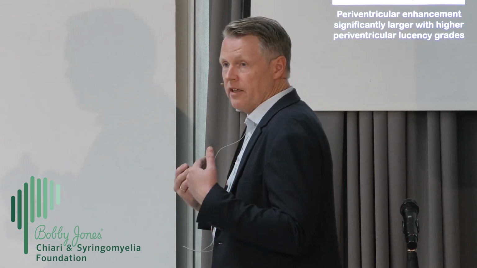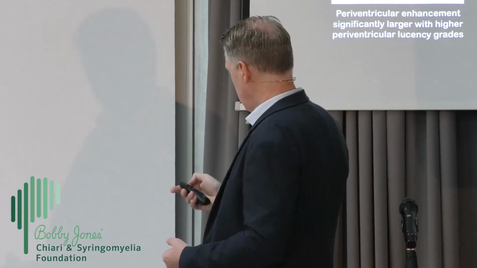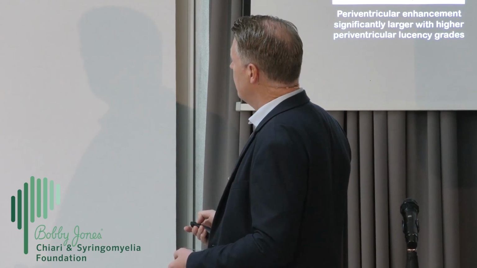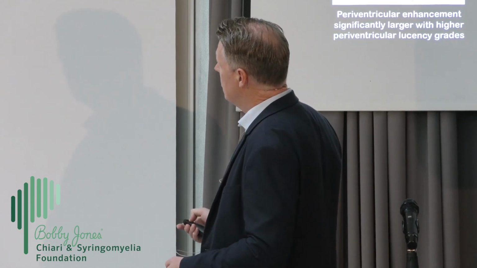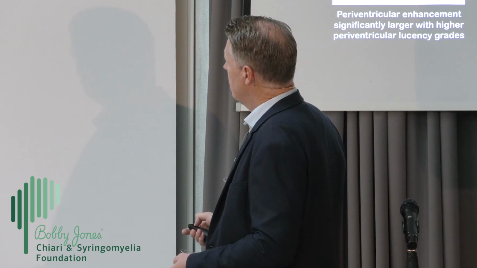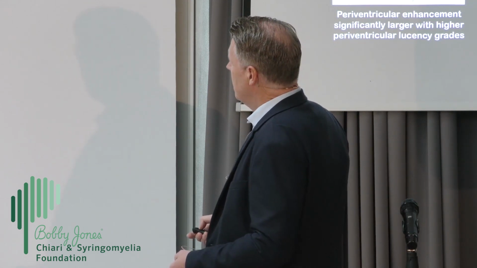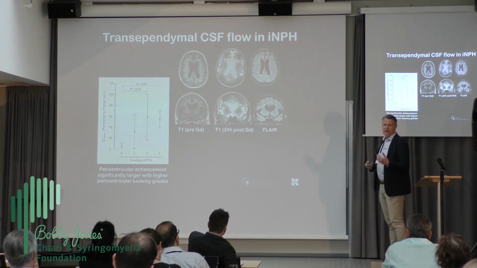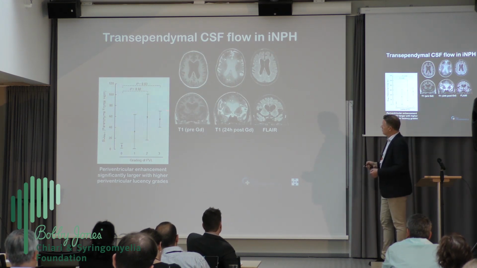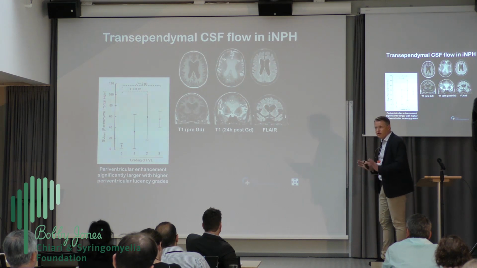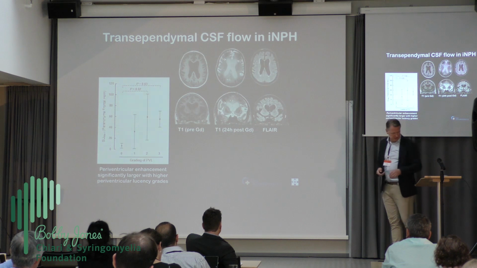What we see applying this CSF tracer is that it is being transported from the ventricles into the brain from the periventricular side. And the degree of this transport is related to the grading of the lucency that we see on the other images. So there is transependymal transport of CSF tracer in these patients.